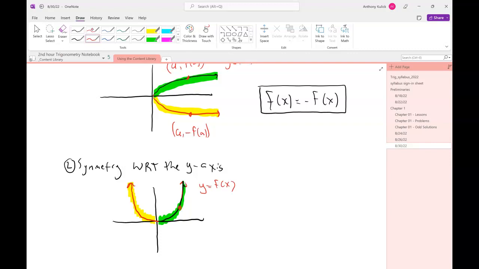So if this point here is the point A comma f of A, this point over here has to be then negative A comma f of A. You guys agree with that? Yes. So what I can say then is that f of negative x has to equal f of x.